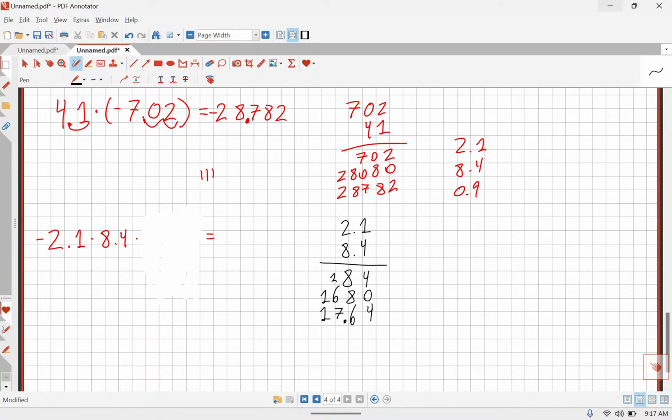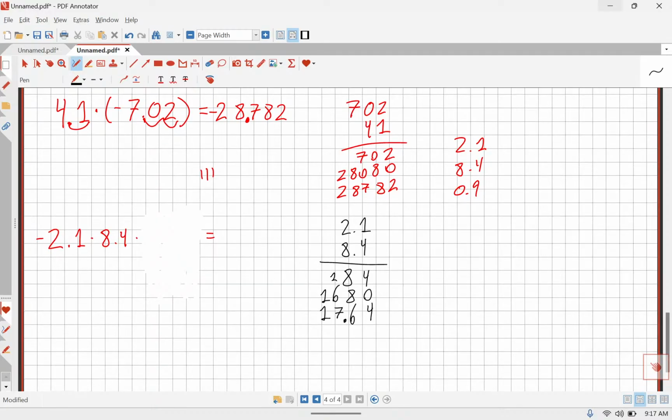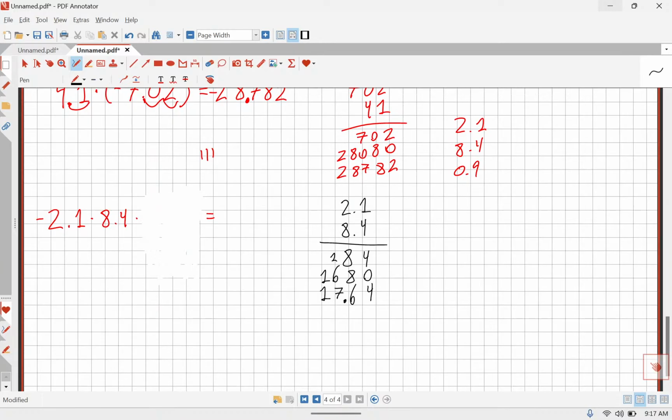Let me try and help you guys. So I get 17.64. Should that result be positive or should that result be negative, Mira? Just for this part. I'm pretending this part doesn't exist. It should be negative.